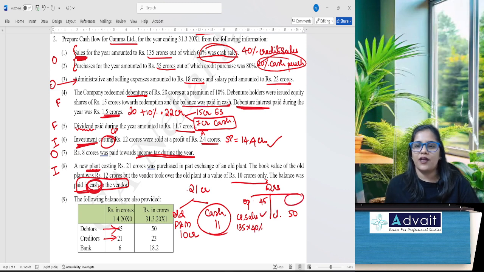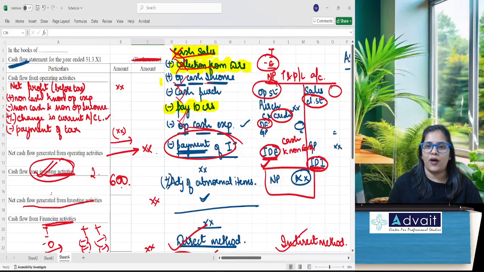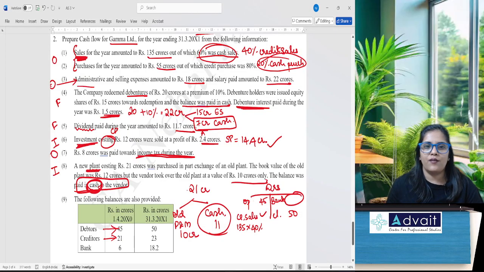And then whatever you get here, this will be collection from debtors, which you will record in this part. Okay. Same way cash purchases is given. Payment to creditors, you will open a small creditors account and record. And operating cash expenses are directly given to you here. Administrative and selling expenses.